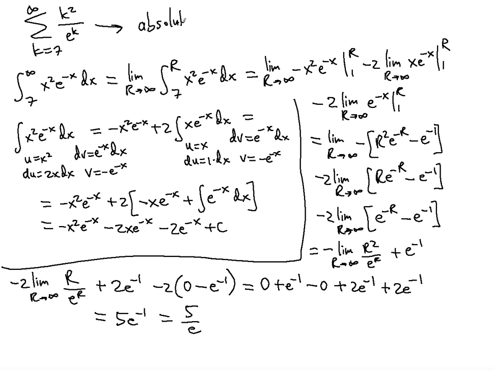Why do we say that? Because if you take the absolute value of this, you will still get k squared over e to the k. Taking the absolute value produces the thing without the bars. So it's still absolutely convergent.